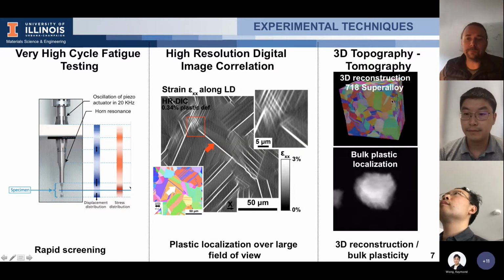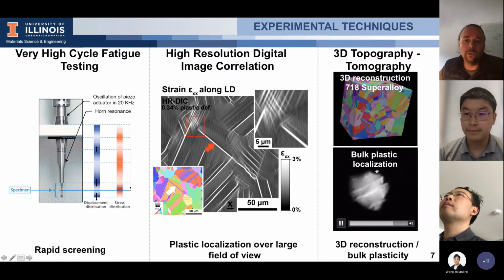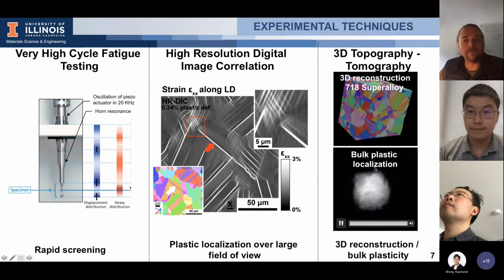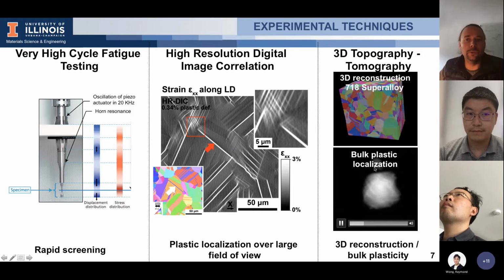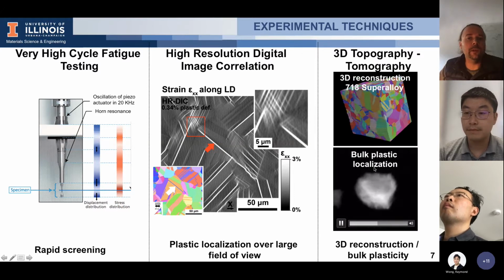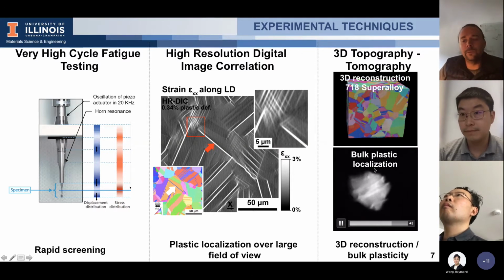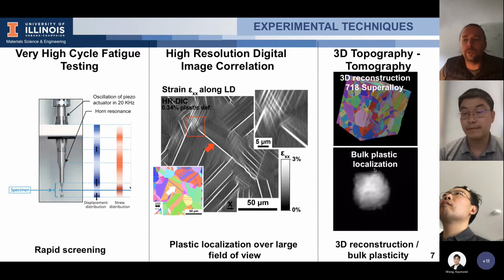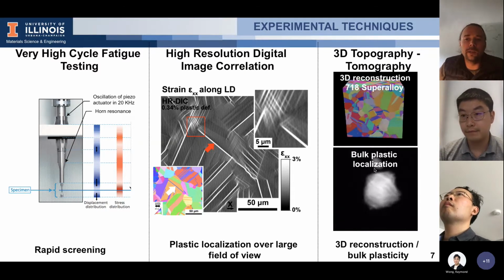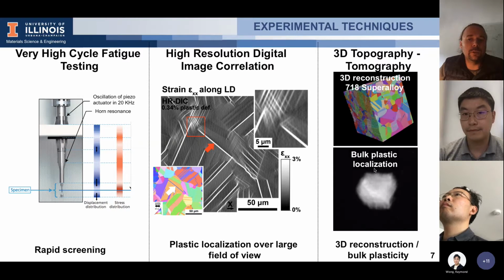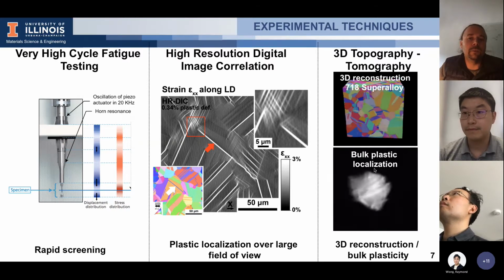of your plasticity. Or we also use advanced measurements, for instance topotomography, which has been developed in France by Henri Proudhon. And he can capture slip events inside the bulk.